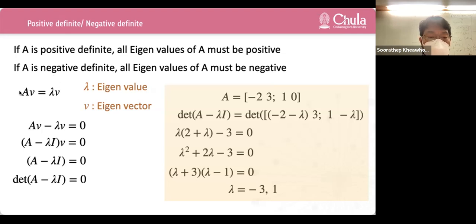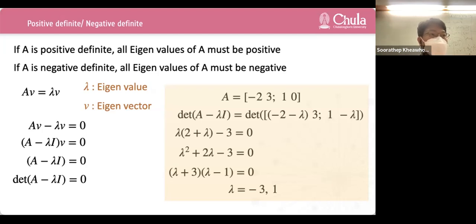We have AV equals lambda V, where V is our eigenvector and lambda is our eigenvalue. Our task is to find the eigenvalues, because all the eigenvalues must be positive for a positive definite matrix. In the case of a negative definite matrix, all the eigenvalues must be negative. So your task is just to find the eigenvalues.